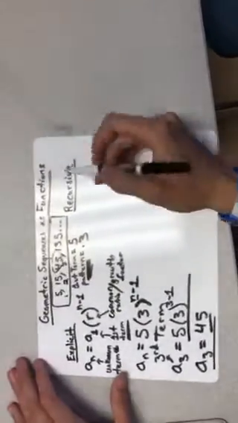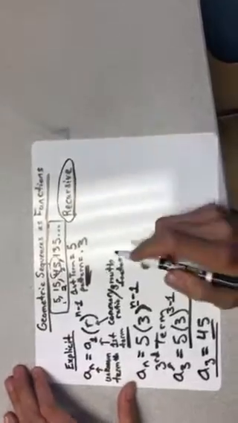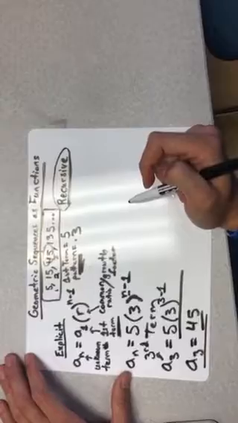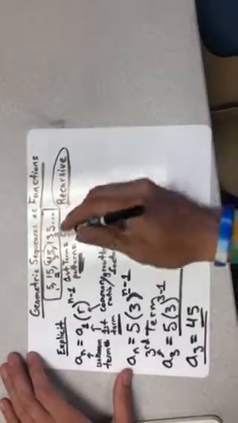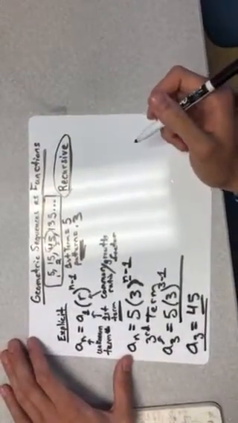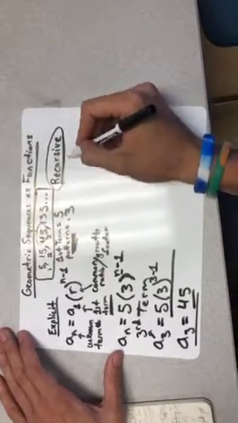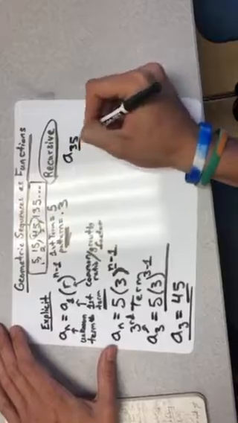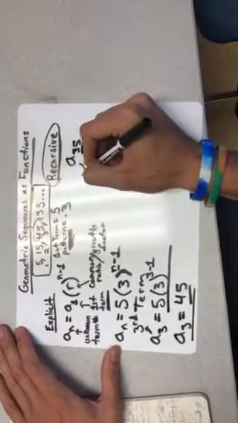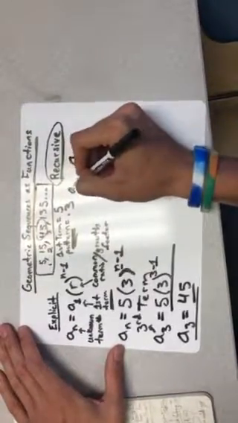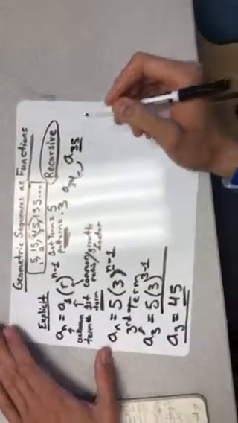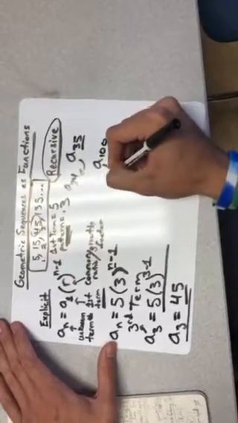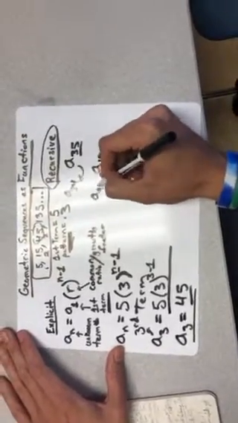All right, now we're going to jump to recursive. Recursive, remember, is the function you use only if you have the term before the term you're trying to find. For example, if you want to find the 35th term, you're going to need to know a sub 34. If you want to find the 100th term, you're going to have to know the 99th term.